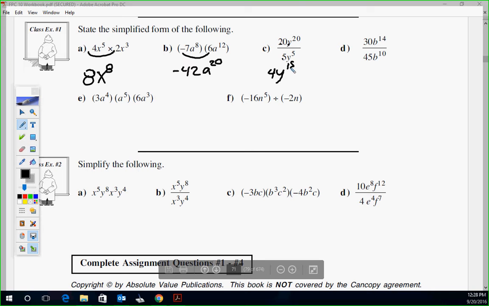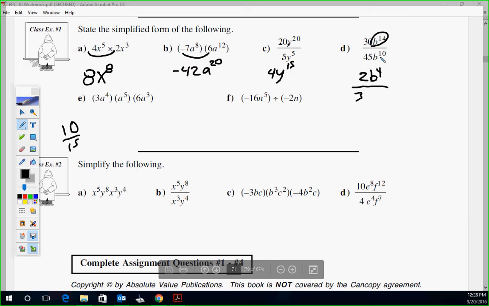This is the type of problem that most of you missed on your review. 30 over 45 can reduce. They both have 15 that goes into them, so that becomes 2/3. A lot of you left 10 over 15 on your review, and that can also be reduced to 2/3. We'll get to that later. B14 over B10 is B4, but where do I put it? On top, because the top is bigger. If the bottom was bigger, it'd be on the bottom.